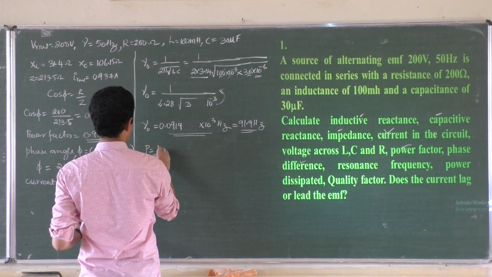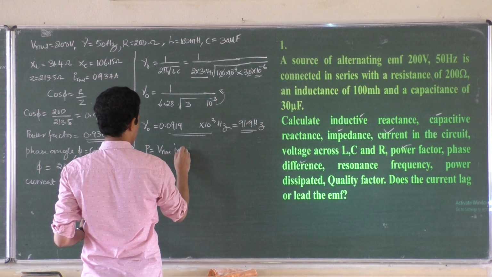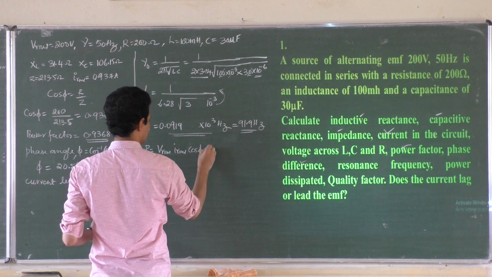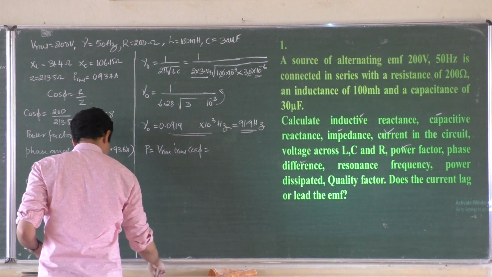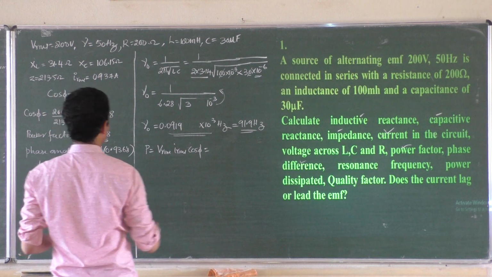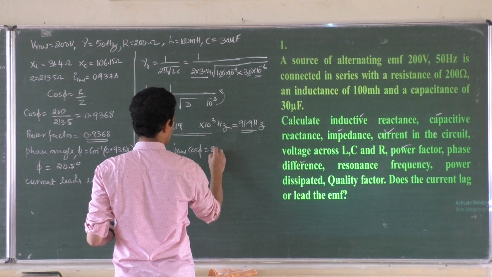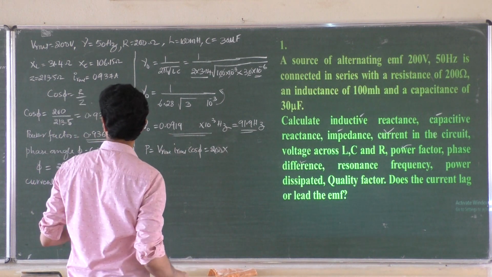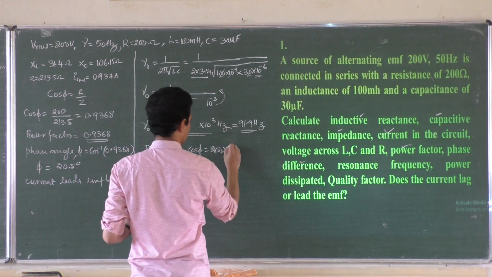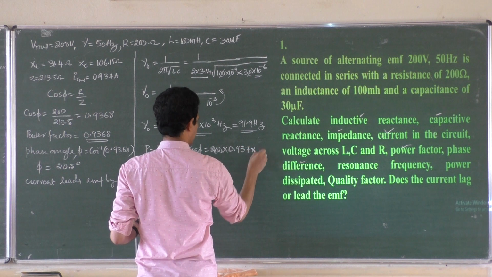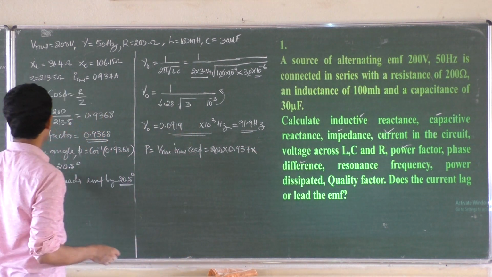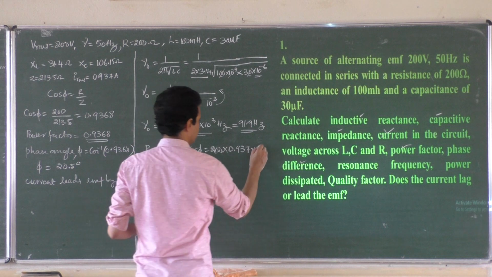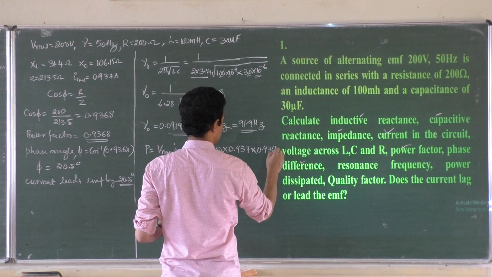is equal to Vrms into Irms into cos phi. Directly you can write it, Vrms into Irms into cos phi. Vrms is 200. What is Irms? Irms, current is 0.937, and cos phi is already here. Cos phi is 0.9368.